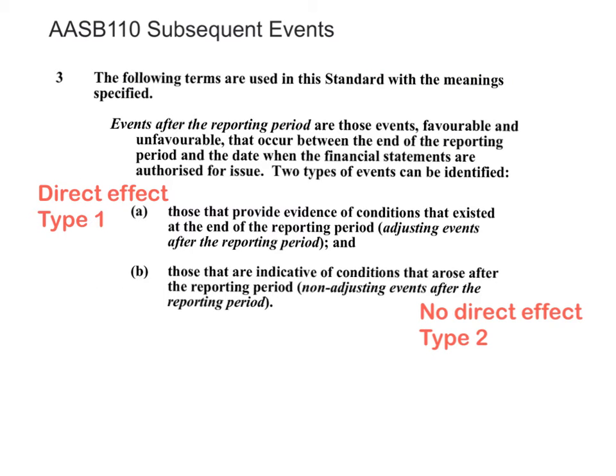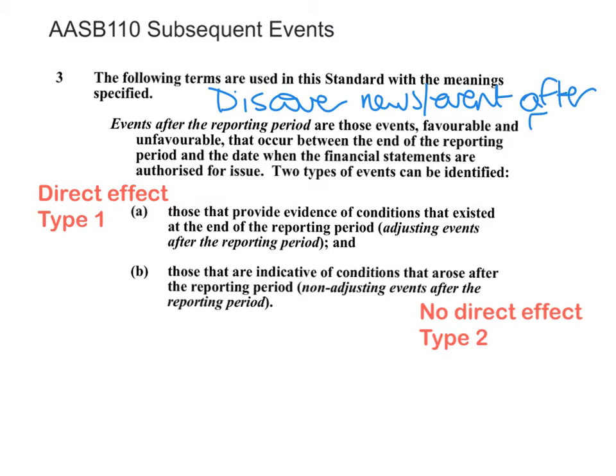So I'm going to show you here the abstract from AASB 110. This is not in your slides, I added this just this morning. But this comes straight out of AASB 110. The following terms are in this standard. Events after the reporting period is anything that I discover, so we discover news or an event after the end of the financial year.